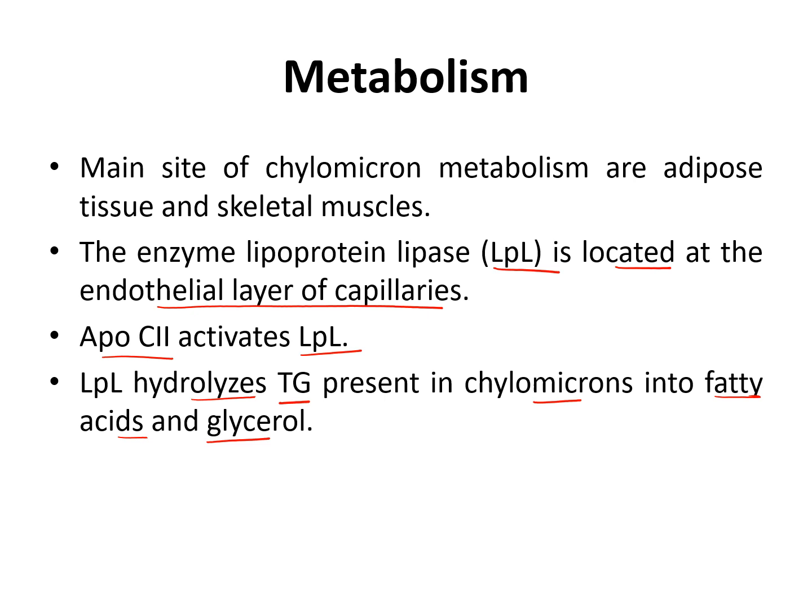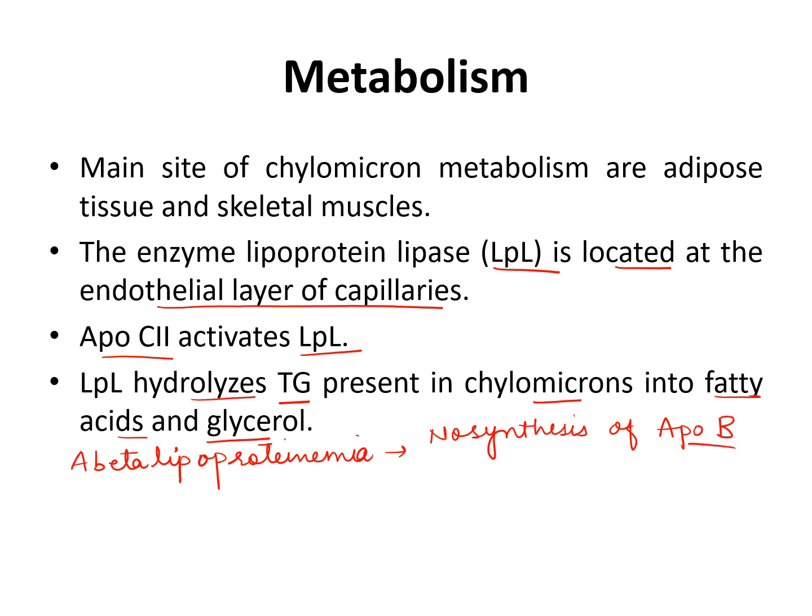There are two important disorders related to chylomicron metabolism. The first is abetalipoproteinemia, when there is no synthesis of ApoB protein, apoprotein B. Then VLDL, chylomicron and LDL will be decreased.